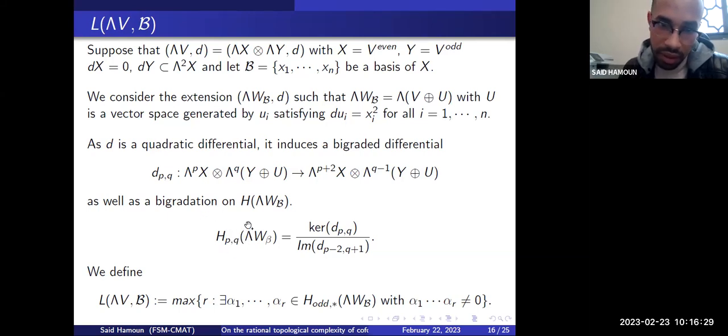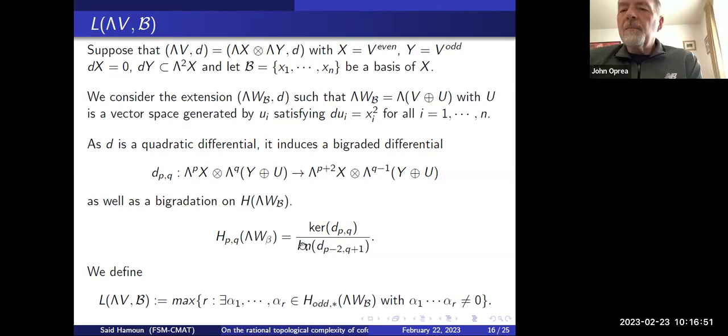Maybe we can ask if we can associate to this degradation a spectral sequence and try to see if there is any possibility to extend some results. But honestly, we didn't check.